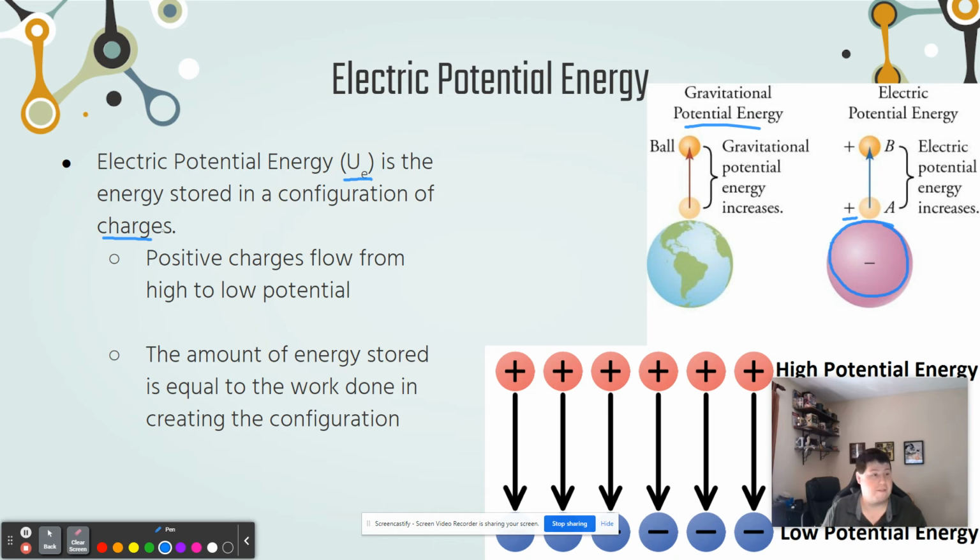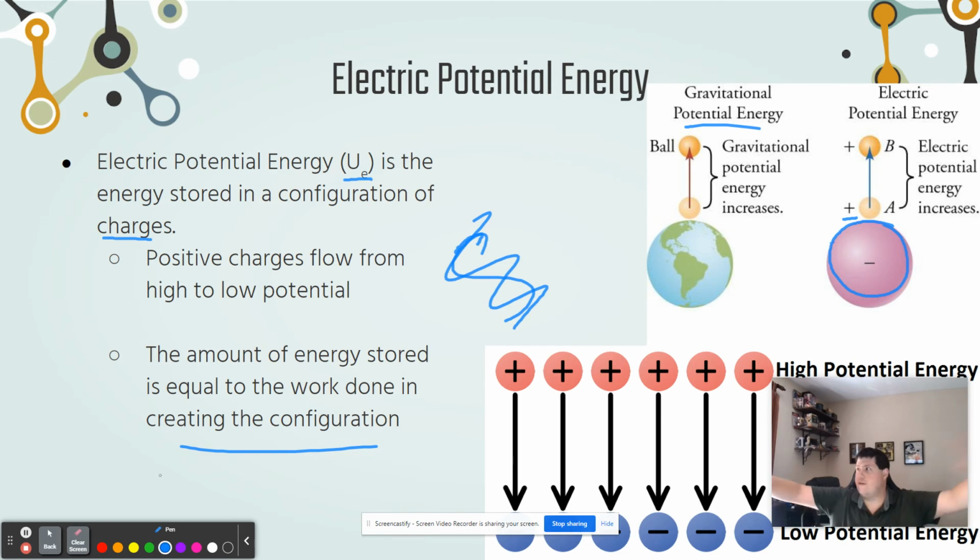So some principles we have for electrical potential energy is that charges flow from high to low potential. We know that. And then we also know that the amount of energy stored is equal to the work done in creating the configuration. Now, what we mean by creating the configuration is a very specific thing. The idea being that the electrical potential energy is zero if the charges are infinitely far away from each other.